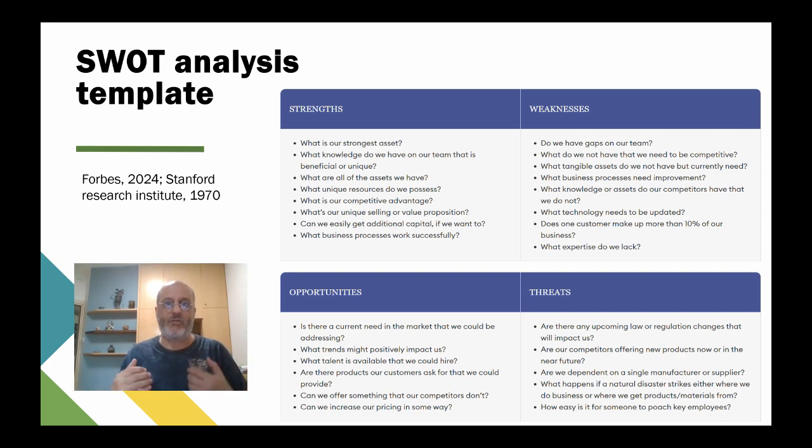Strengths are what we have working for us. Opportunities, what potential for development and continued success do we have? Weaknesses are what we have to get over or solve. And threats, how do we avoid them, minimize them, or turn them into opportunities?